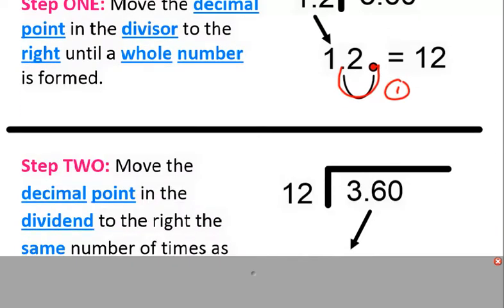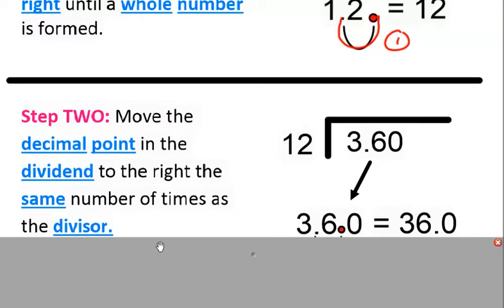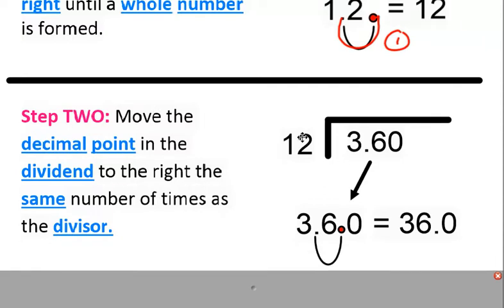Now, step two. As many times as I moved it on the outside, I'm going to repeat that process with the decimal on the inside. So on the inside, it was 3.60. Now it's going to become 36.0.